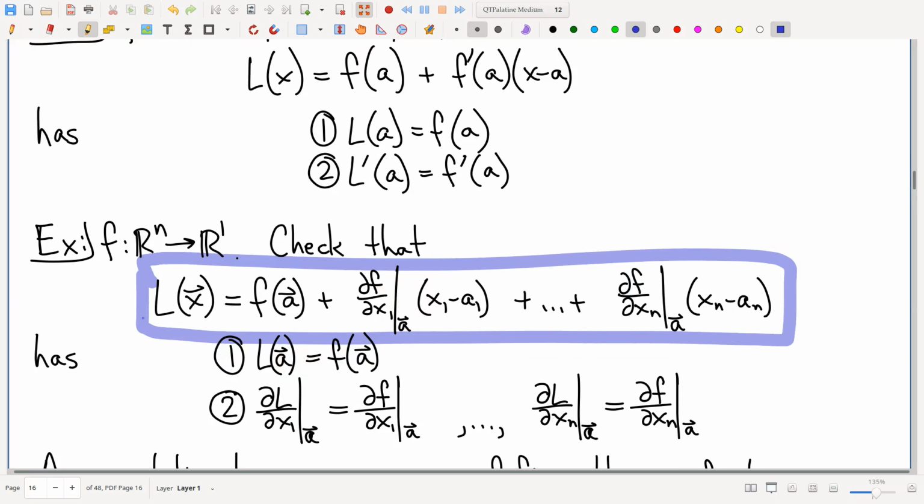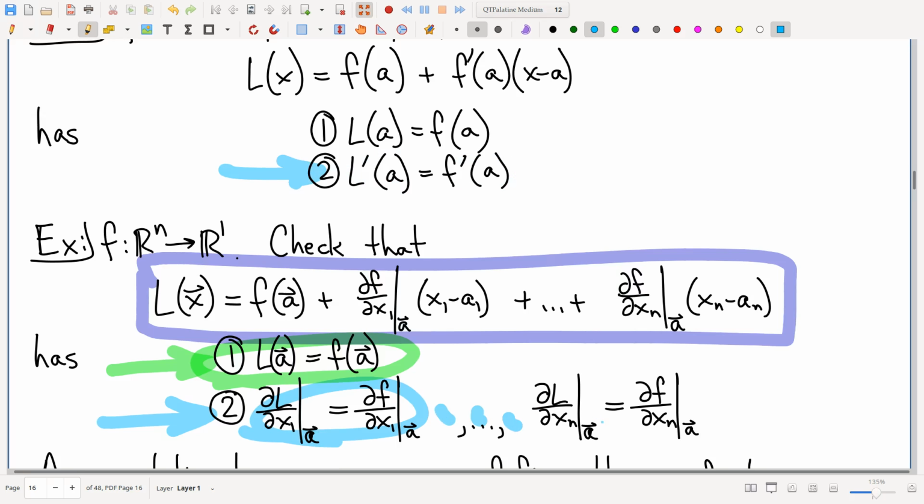In the same way that you can check that this function has these two properties, likewise, this function here has the same value as f at A, and it has the same, up here we would have said same derivative, but now we've got partial derivatives, and there's a bunch of different partial derivatives, one for each input variable. So this is going to have all of the same partial derivatives as f at the point A.